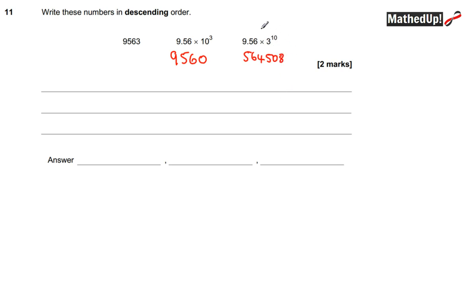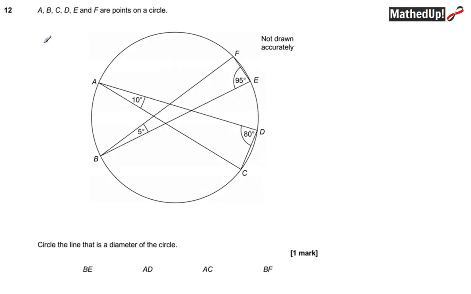Okay, so we can see quite clearly this is the largest number over here, which is 9.56 times 3 to the power of 10, followed by this number here, which is 9,563, followed by 9,560.